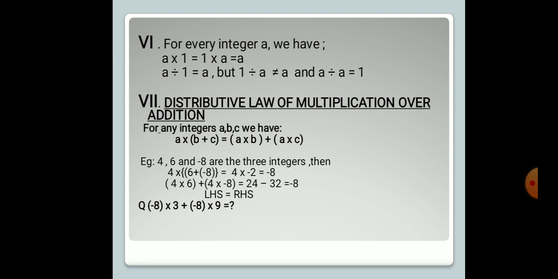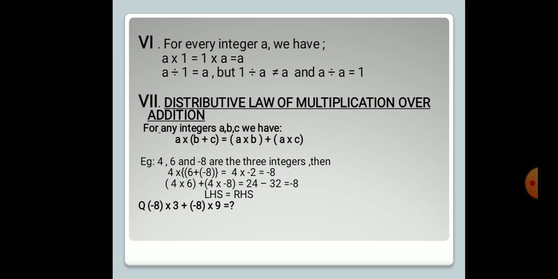So A into B plus C is equal to A into B plus A into C. You can use this law for subtraction also, that is A into B minus C is equal to A into B minus A into C. And here one example is given, you have to go through it.